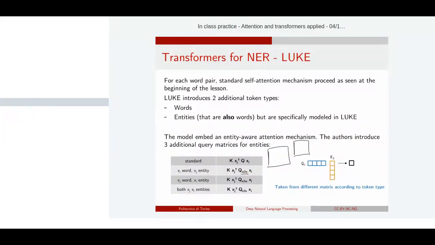When you pay attention from a word to an entity, you are computing the attention from a word to an entity. So you have this query word to entity, the vector that is used to query. Given the attention you're computing for a given word, you are using as query vector the vector coming from this query word-to-entity matrix. Then you also have the entity-to-word matrix, that is the opposite.